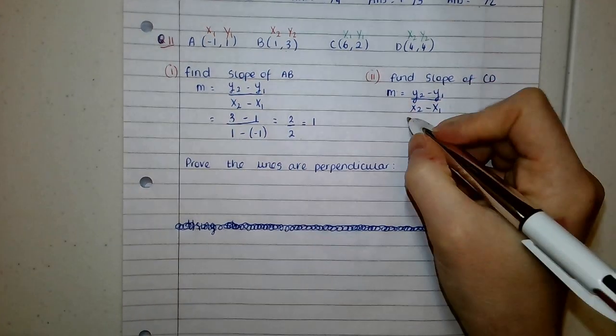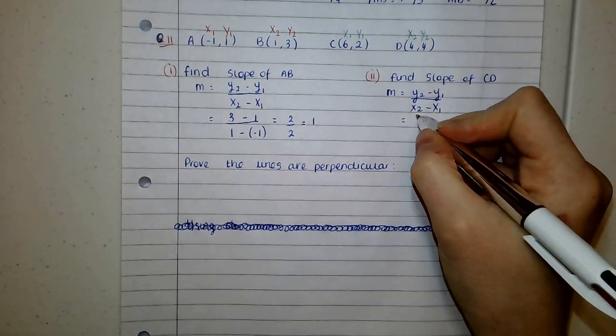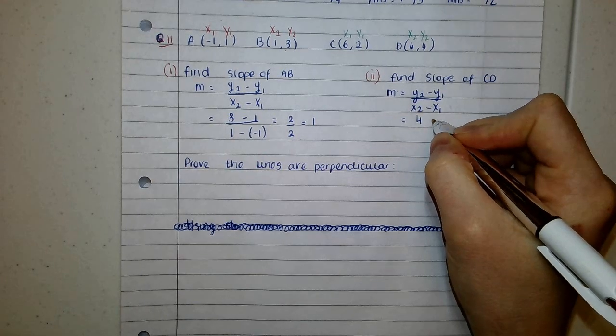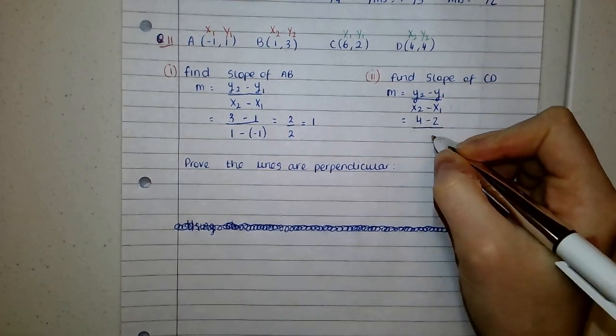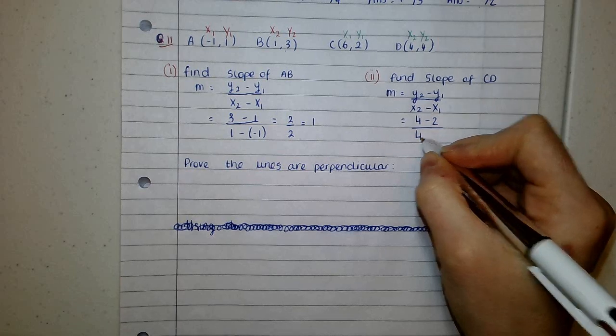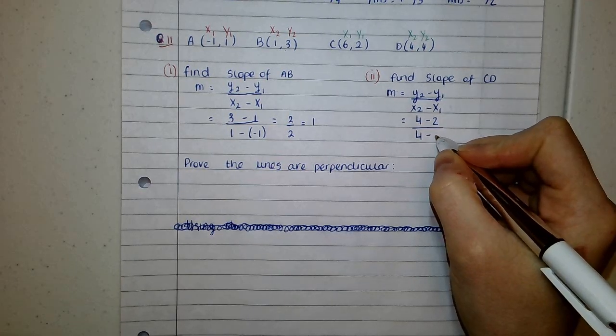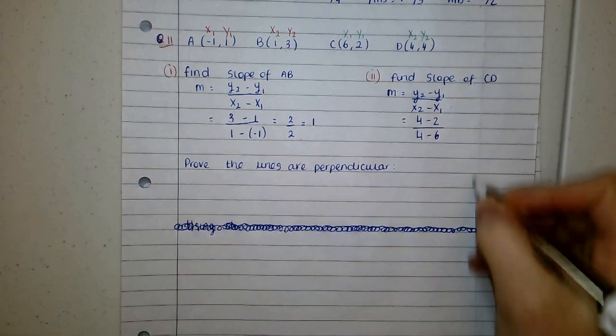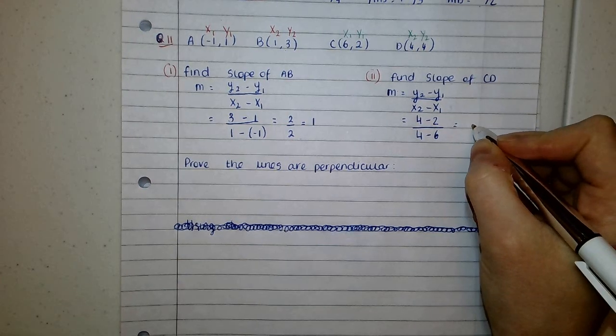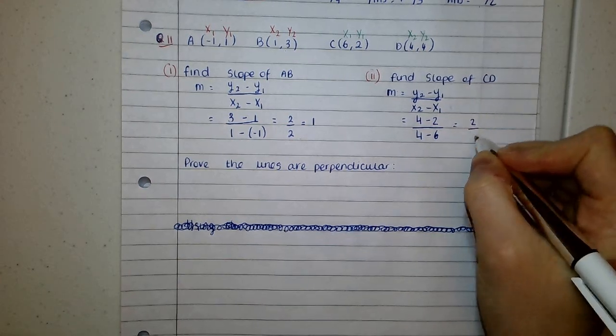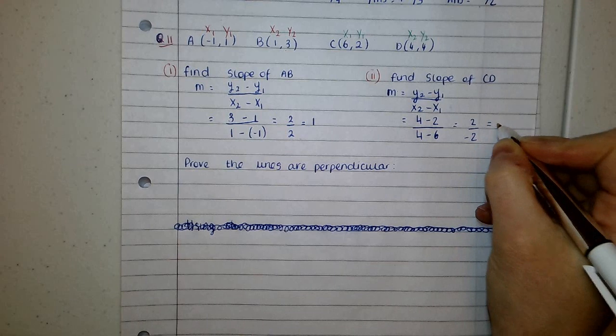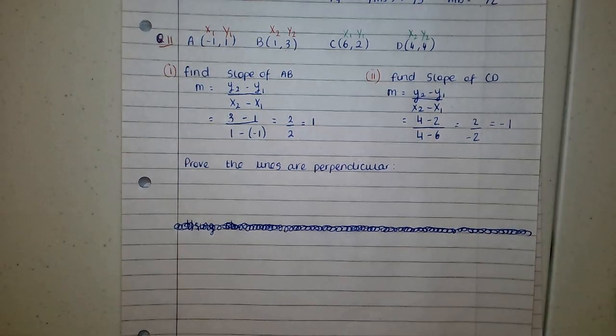Then we sub in the values. y2 is equal to 4, y1 is equal to 2, x2 is equal to 4, and x1 is equal to 6. This will give us a slope of 2 over minus 2, which gives us a slope of minus 1.